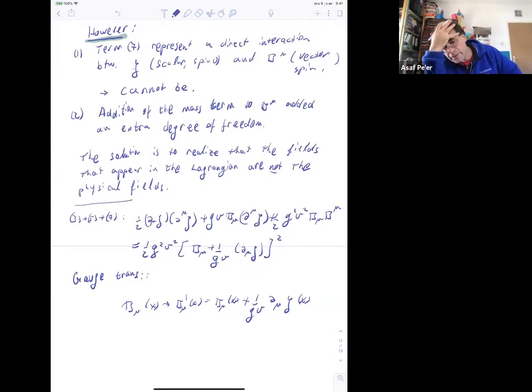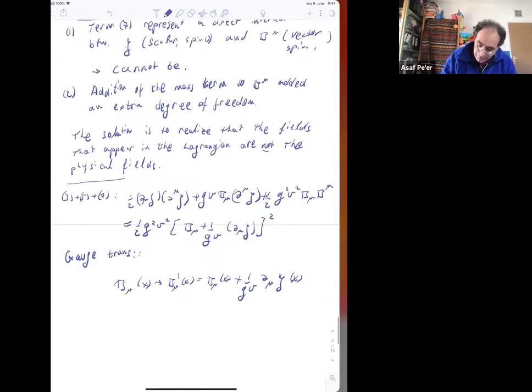And this can work out because what we have here in the parentheses is a derivative of a scalar function. So we can simply gauge it out without having any effect on the physics. Right?